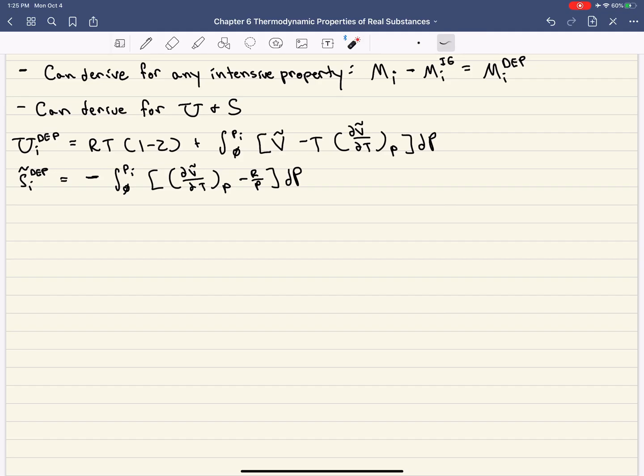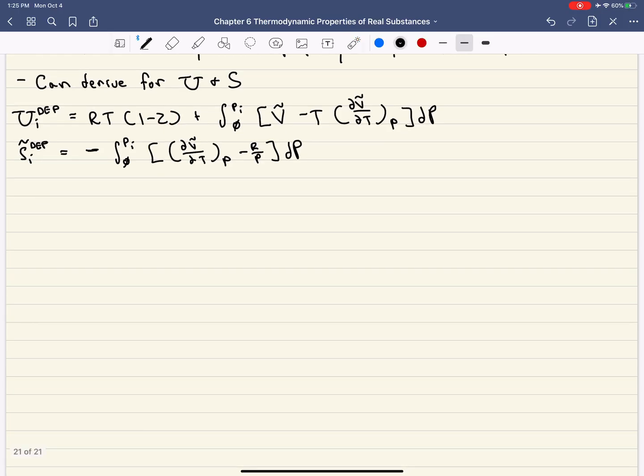Where this Z here is the same Z that we talked about in the virial equation of state, where Z is just P molar volume over RT. That's all it is.